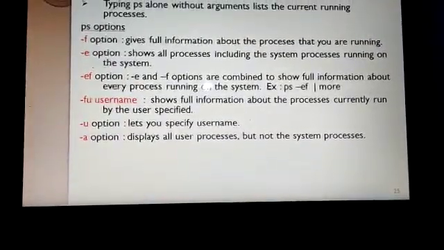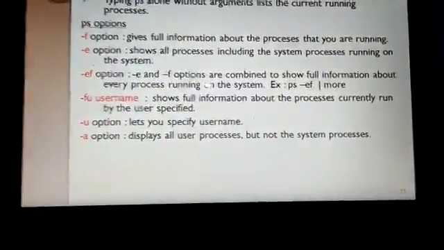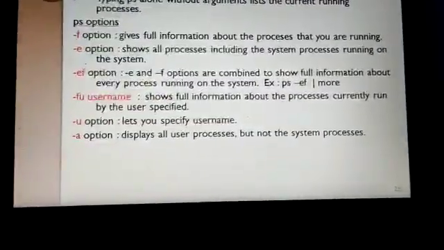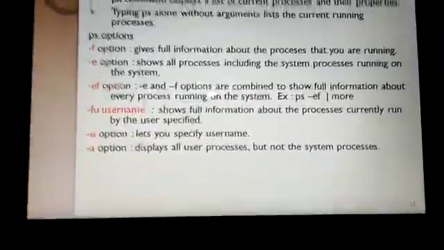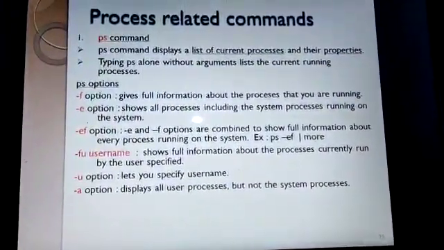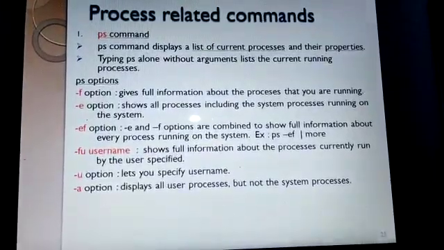There must not be a space between the hyphen and the option, but there must be a space between the Unix command and the options. Remember, then we are using a pipeline symbol and we are sending it to more. You already know that more gives more information.